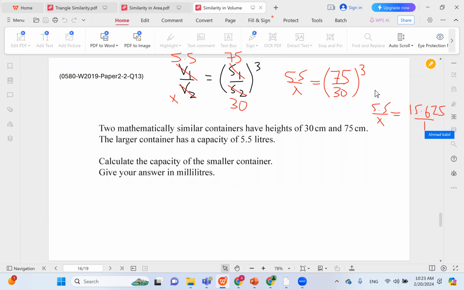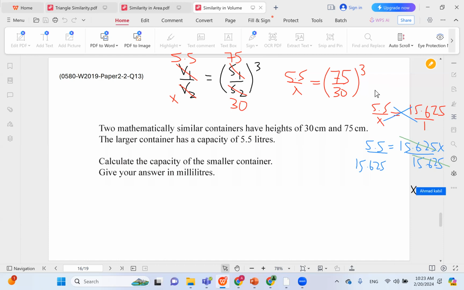Cross multiply. 5.5 equals 15.625x. Divide by 15.625. So 5.5 divided by 15.625 equals 0.352.